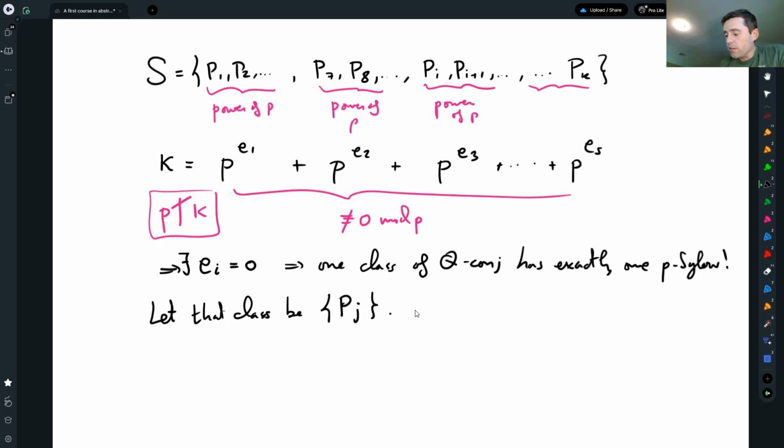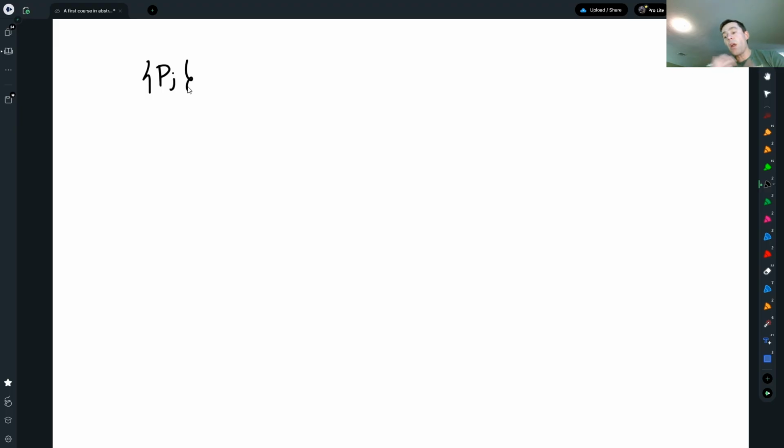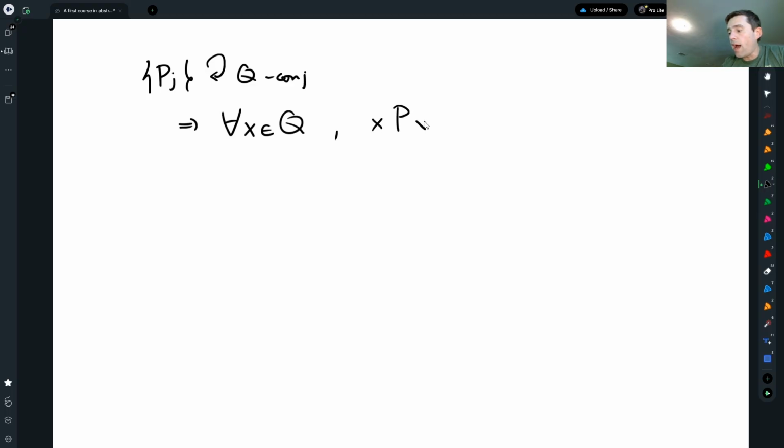Then what happens? Then Pj is on its own under Q conjugation. And what that means is that for every x in Q, when I conjugate that Pj, I get Pj back. But notice that I also have that the size of Q is p to the r because Q itself was a p-Sylow. And that tells me that the size of x is a power of p.